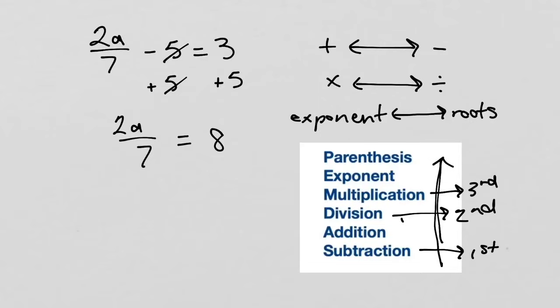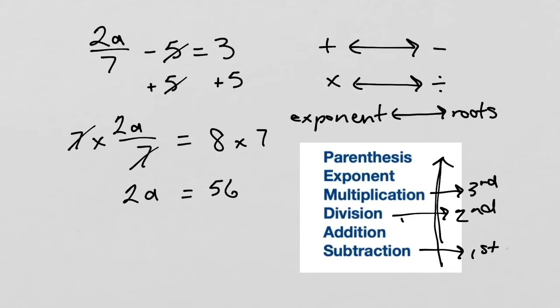We get rid of the divided by 7 by performing the opposite operation on it. We will multiply both sides by 7. The 7 will cancel out. 8 times 7 is 56. So now we have 2a equals 56.